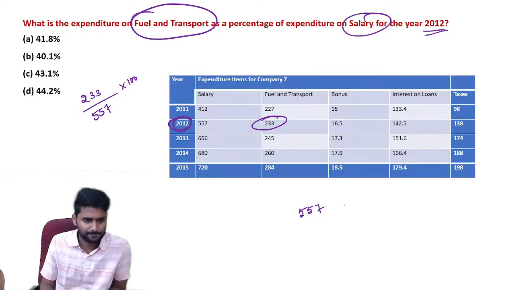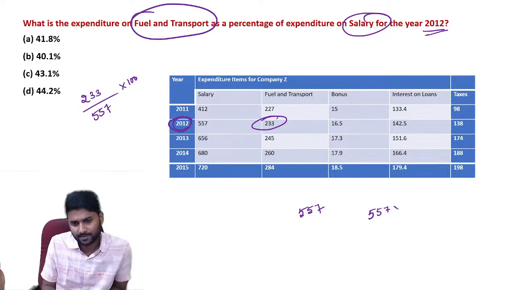Let's check with the data. Let us go for approximation. So 557 is multiplied by 40 by 100. 7 into 4, 28. 5 into 4, 20, plus 2 is 22. So the total value is 222.8.